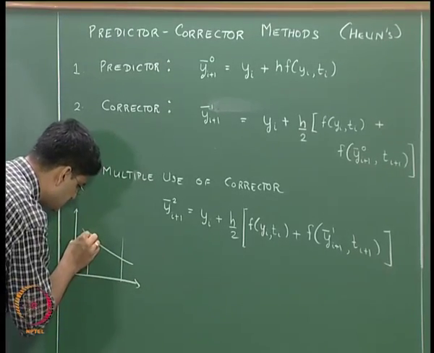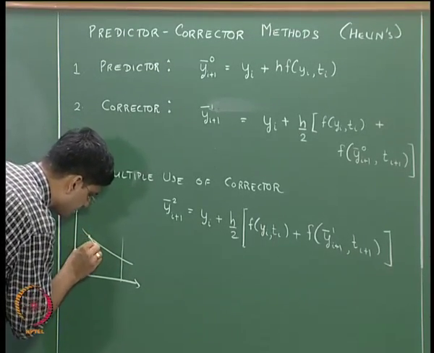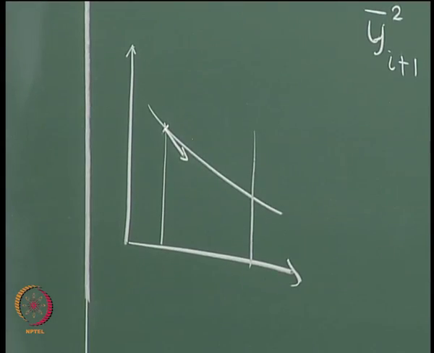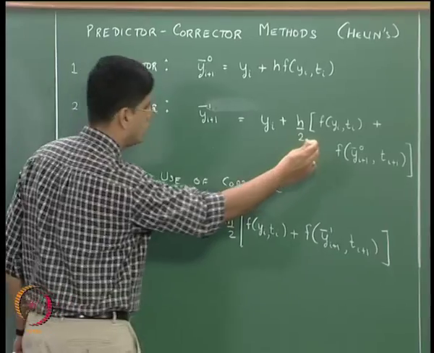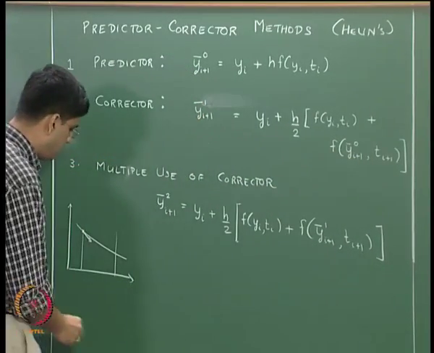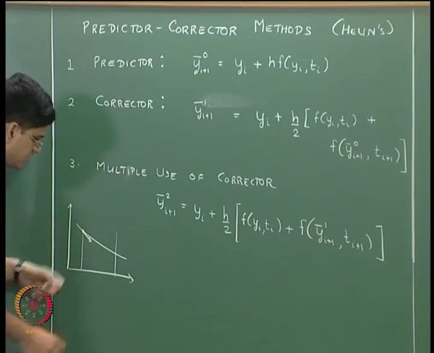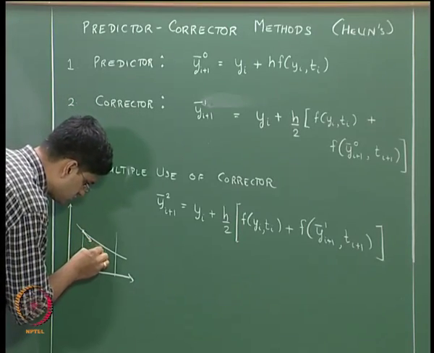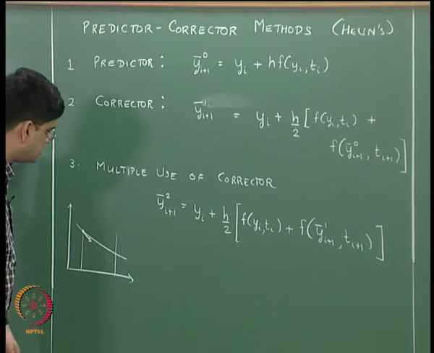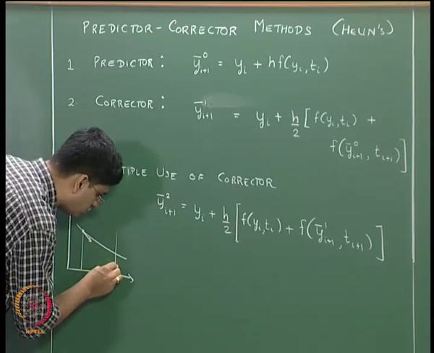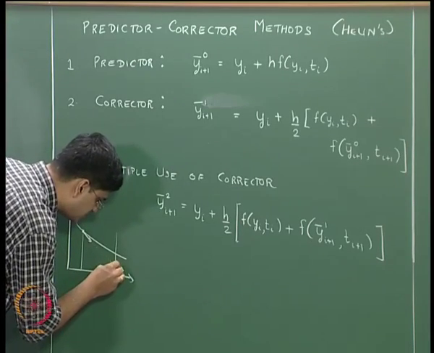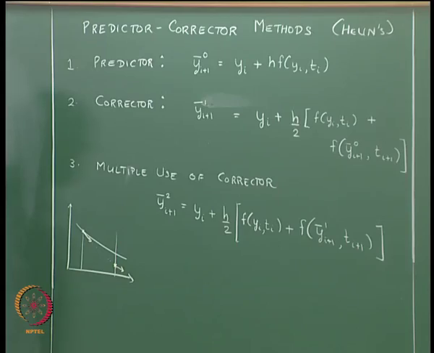So, this means it is a slope computed over here. y bar i+1 superscript 0 is going to be the point that is projected using this particular slope. So, y bar 0 is the point marked by the yellow x.